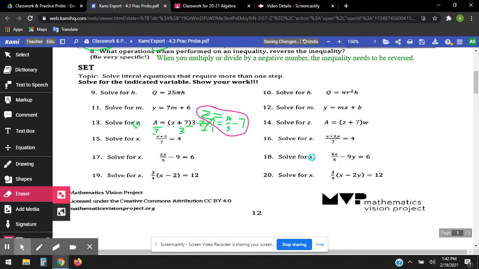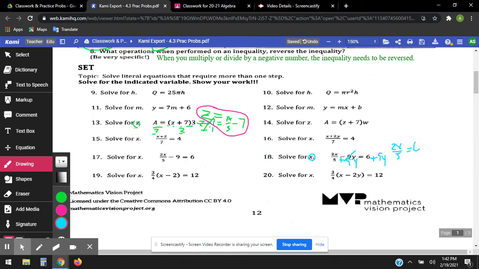Plus 9y, plus 9y. Those cancel. So I have 2x over 5 equals 6 plus 9y. Now, I have that fraction again, so I'm going to multiply by 5 over 2.